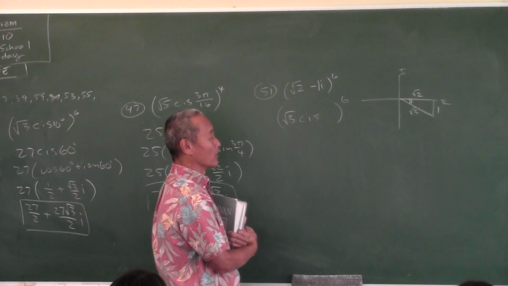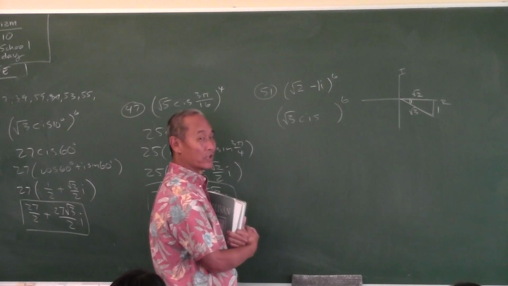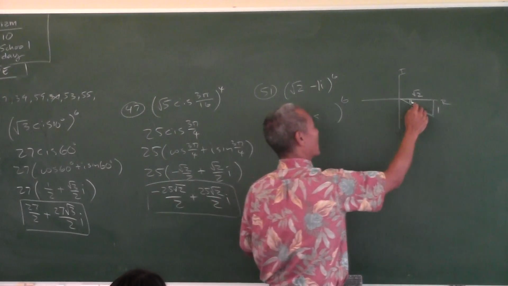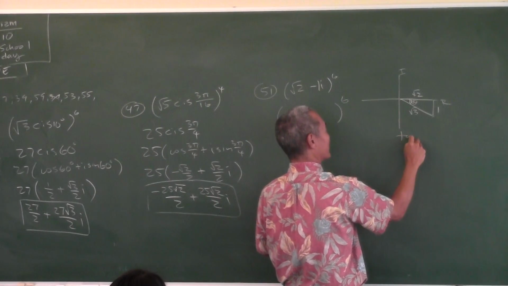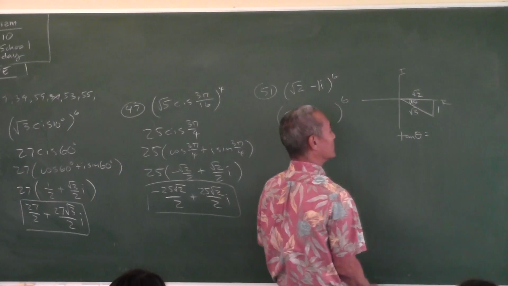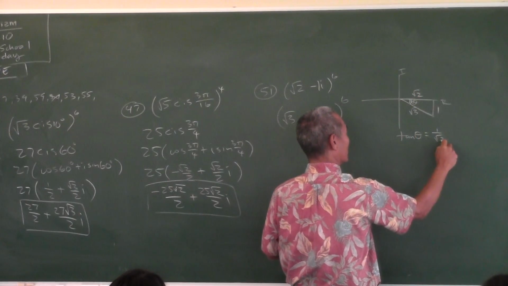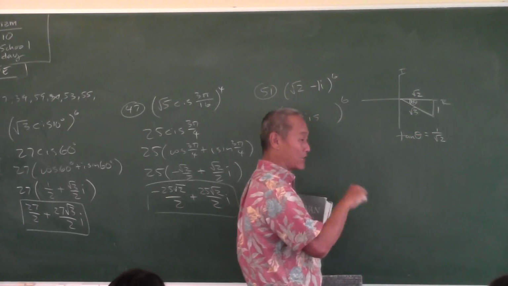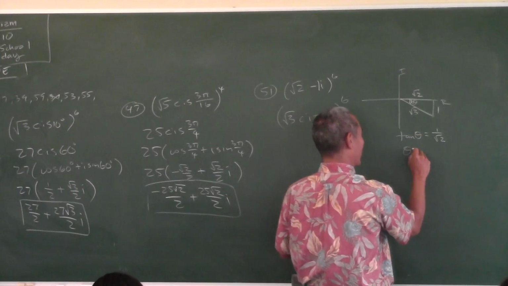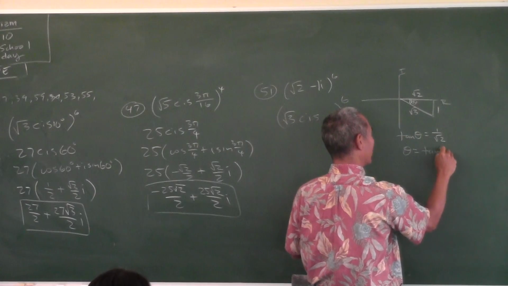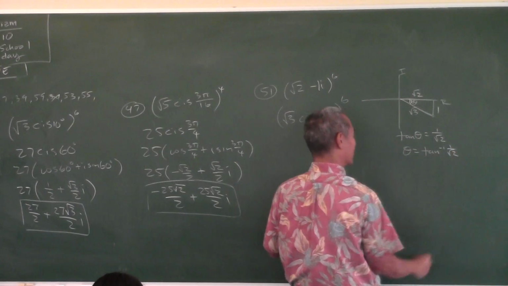Is that an angle we know? No, so you have to use your calculator. Tangent theta is equal to opposite over adjacent, 1 over root 2. So to figure out this angle, you go tan inverse on your calculator. Theta is equal to tan inverse 1 over root 2.